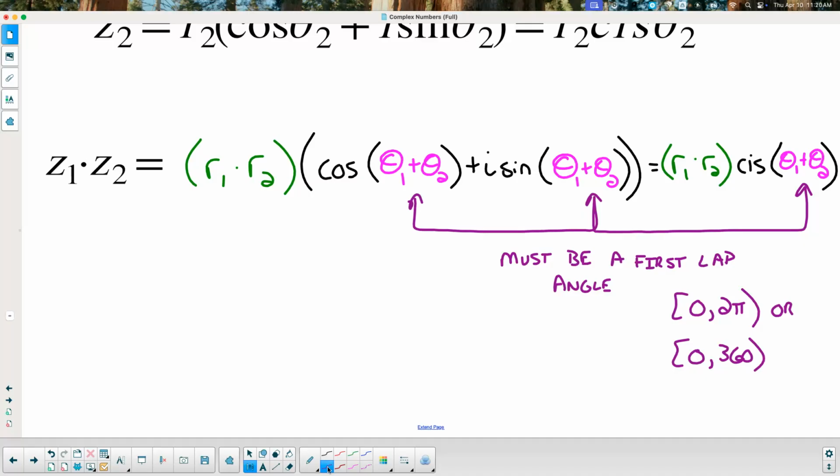What if it's not? What if it's 453 degrees? How do I make 453 degrees be a first lap angle? Subtract 360. What if it's negative 123 degrees?